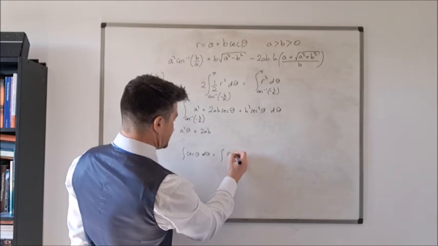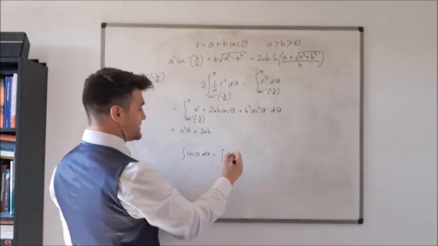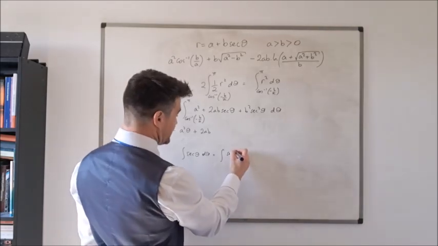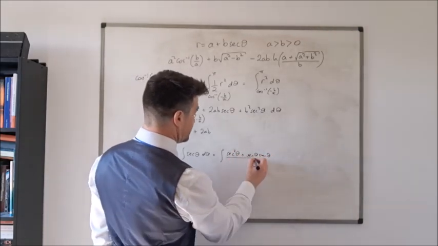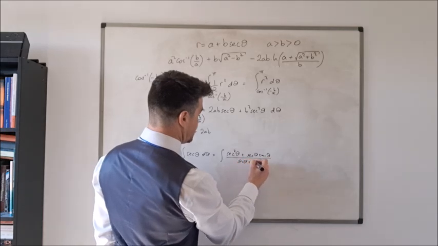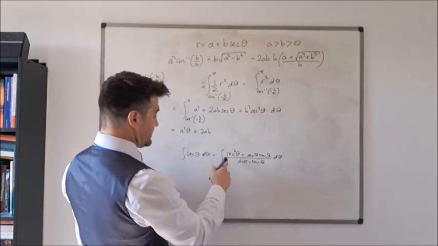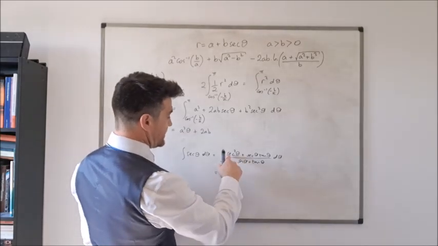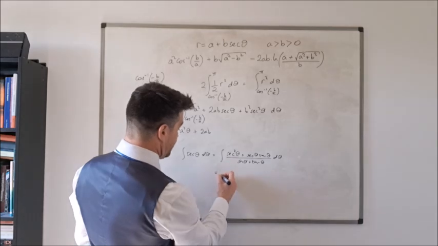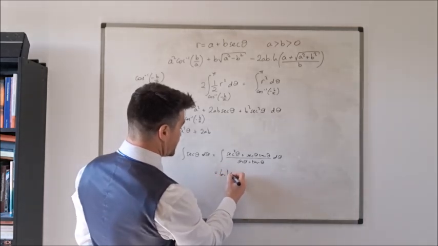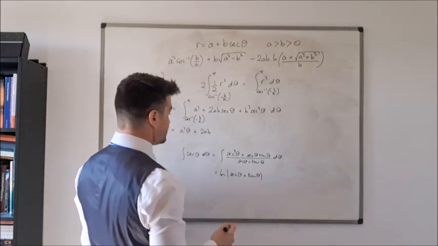If I multiply numerator and denominator by sec theta plus tan theta over sec theta plus tan theta, then the numerator here is the exact derivative of the denominator, and therefore this is going to be the natural logarithm of the modulus of sec theta plus tan theta.